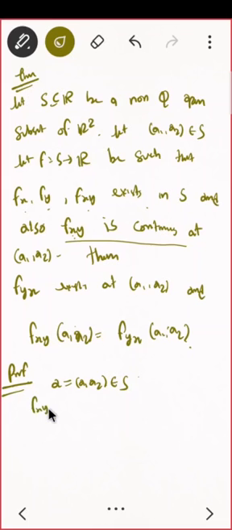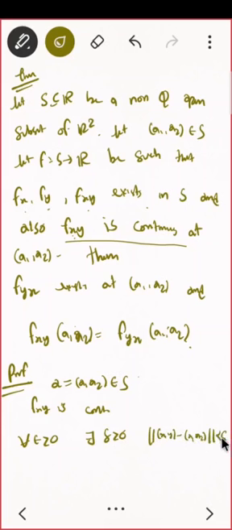That means for all epsilon positive, there exists delta positive such that norm of (x, y) minus (E1, E2) less than delta will imply mod of fxy at (x, y) minus fxy at (E1, E2) is less than, say, epsilon by 2. We will see later on why we took epsilon by 2.